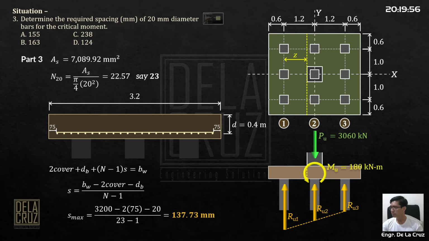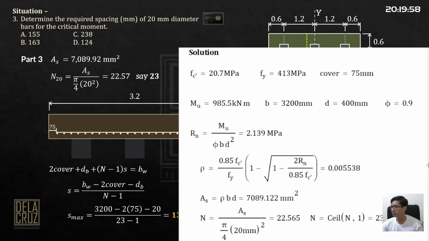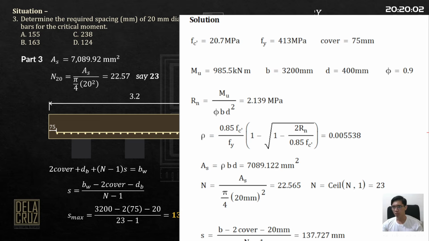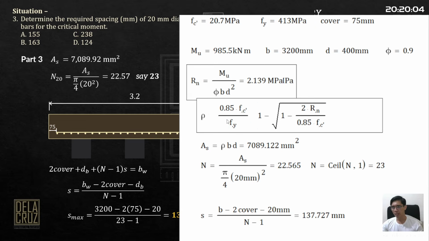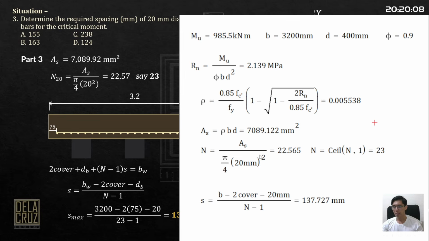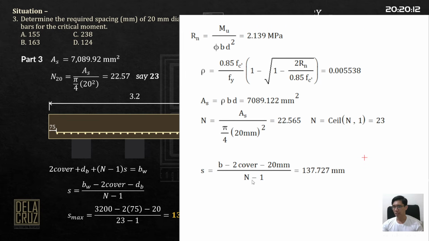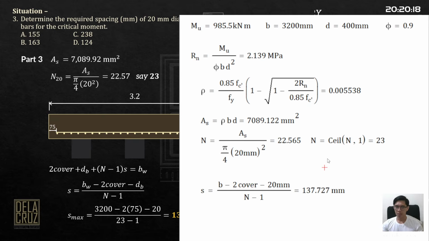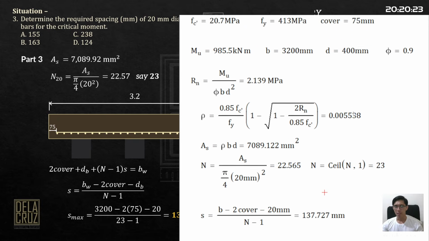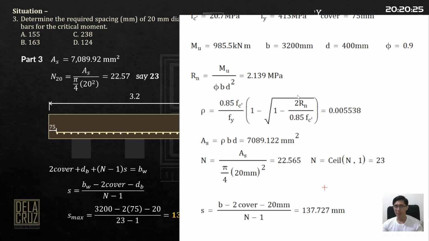Alright. So, I have here the MathCAD solution. Ito lang yung process na ginawa natin kanina. Ito yung rho, then rho D. Number of bars, 23. Then, ginamit ko yan. Okay? Now, dito nagkamali yung ating examiner. Maraming possible na errors dito eh.